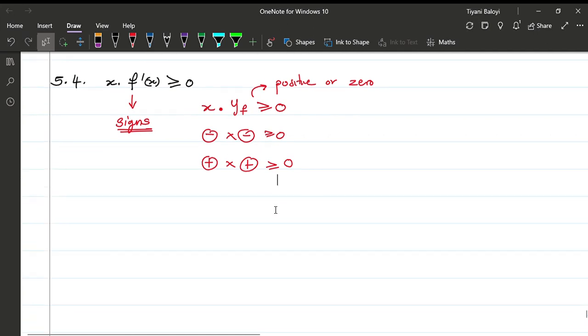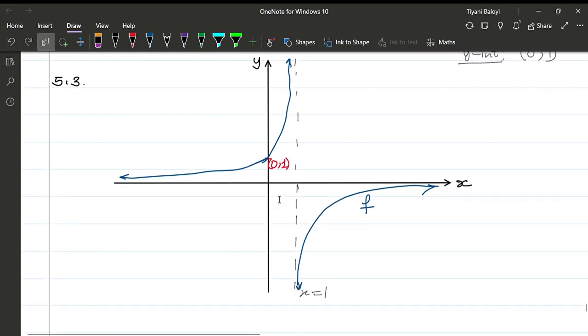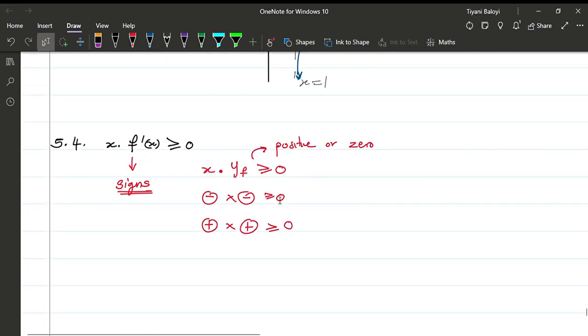So let's just go back to our function, right? The question is, if you are given the function f of x, you're asked to do something about that function. Are you supposed to differentiate the function f and draw the graph?